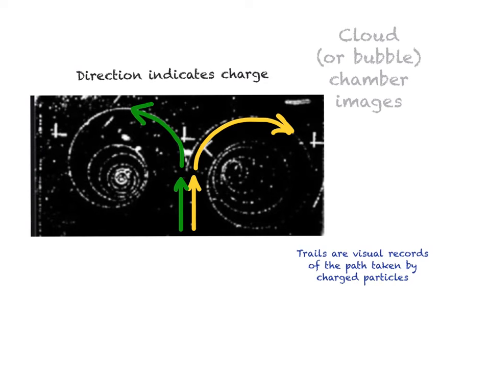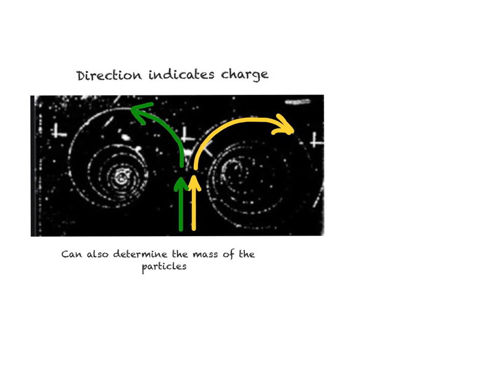Interestingly enough, you can actually also figure out the mass of these charged particles by knowing that the magnetic force is in fact a centripetal force. Now, the centripetal force will determine how big the radius of curvature is.